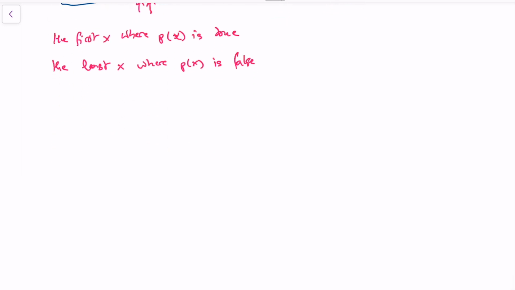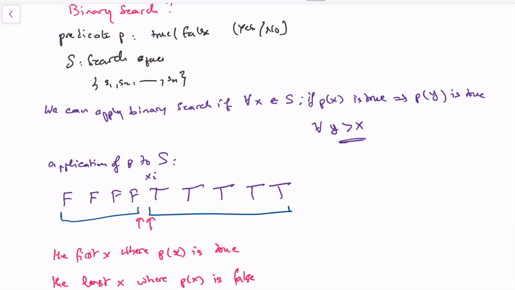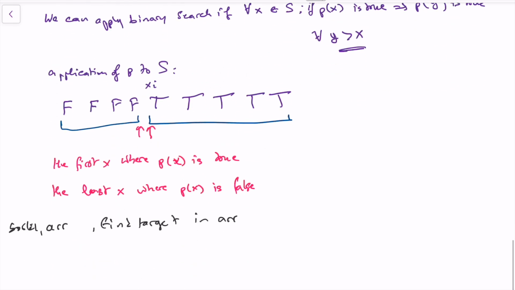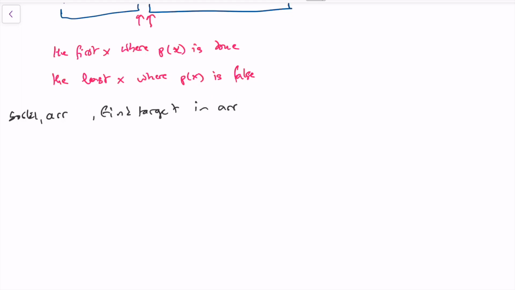And so let's first take as an example the original problem where we had a sorted array, and we wanted to find a target T in the array. We want to find the position, right? And so to do that, to write it in terms of this, we need to design a predicate. And so what can be our predicate here? So let's just reformulate the problem a little bit, right?